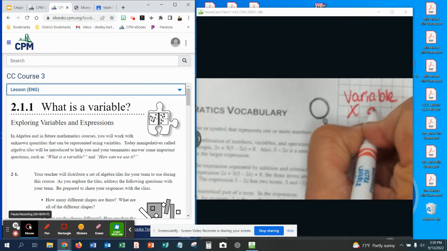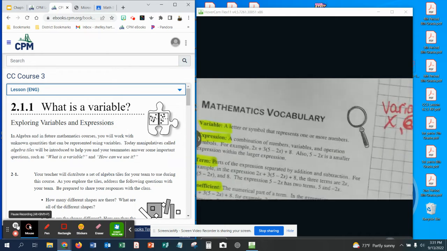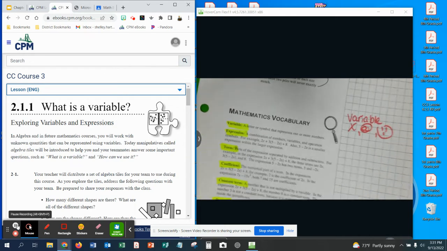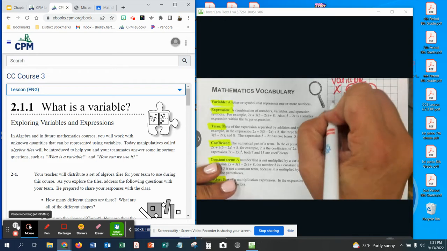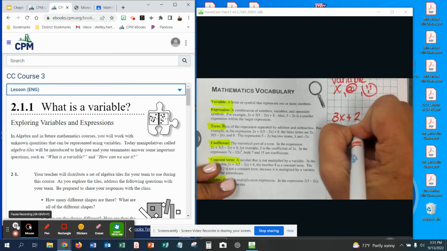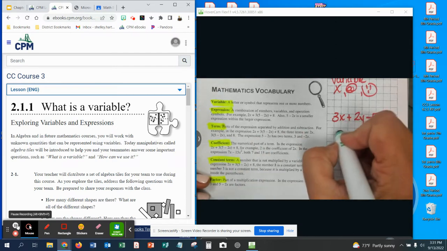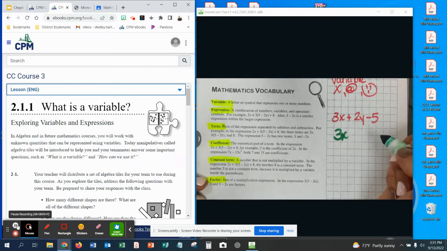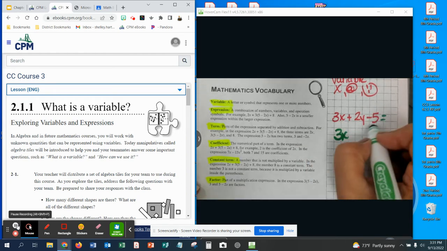We could have an at sign be a variable, a smiley face be a variable. We just have a ton. And an expression is really where we have 3x plus 2y minus 5. Each one of these is an expression. It could just be 3x. That would be one term. In this moment, we have three terms here.